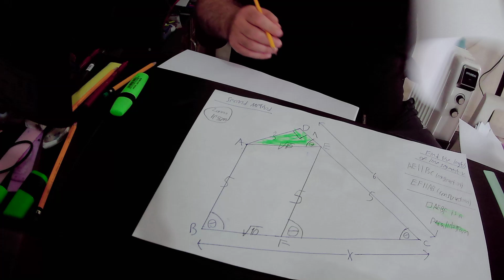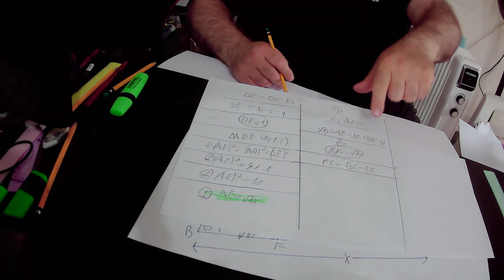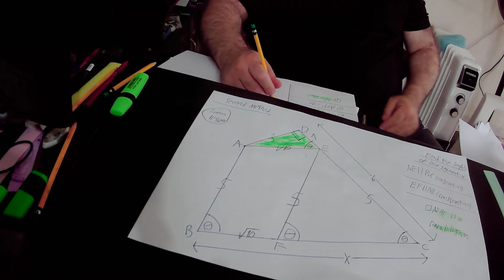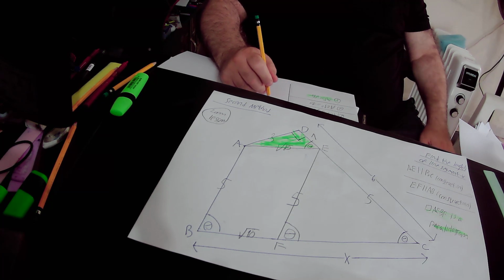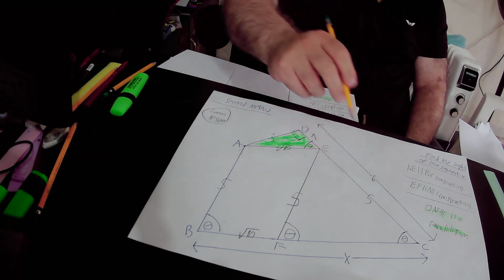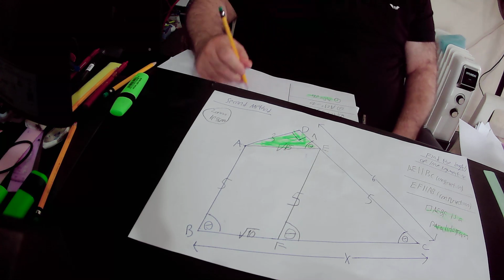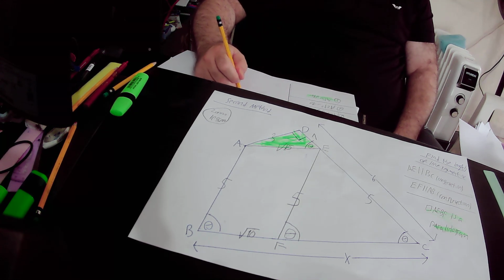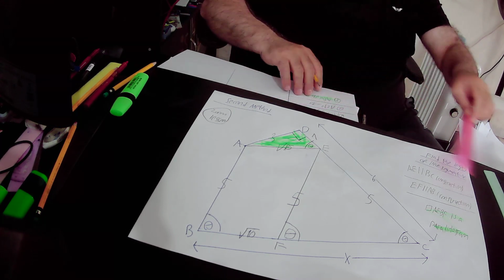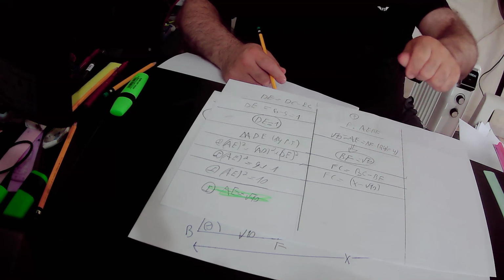I'll repeat again. FC equals BC minus BF. So FC equals BC, that is X, according to what is given in the question, minus BF, that is the square root of 10 units. So in conclusion, FC equals X minus the square root of 10 units.